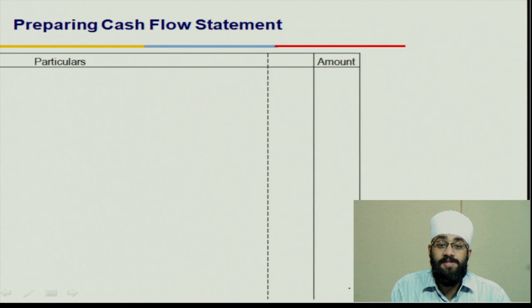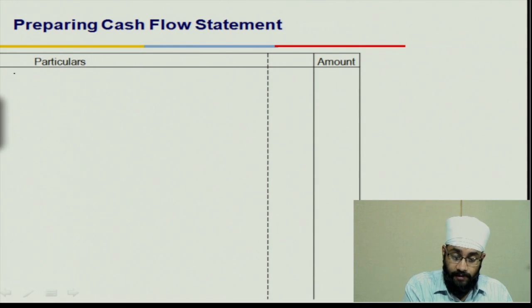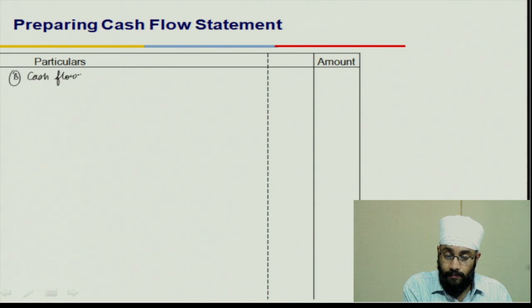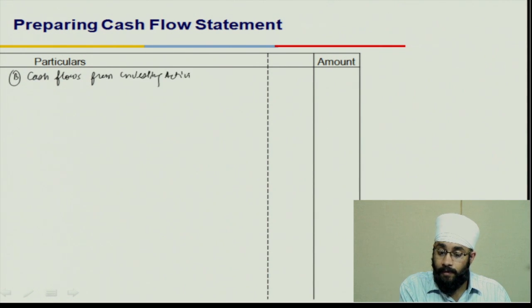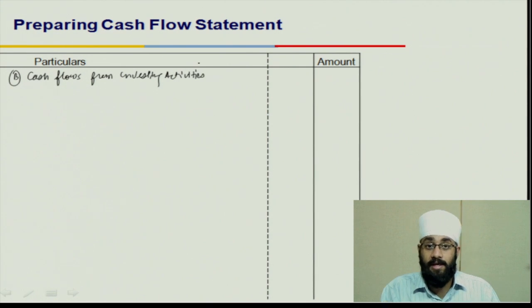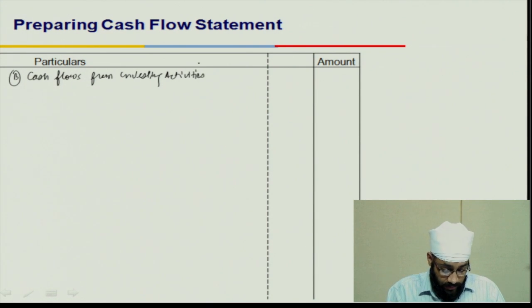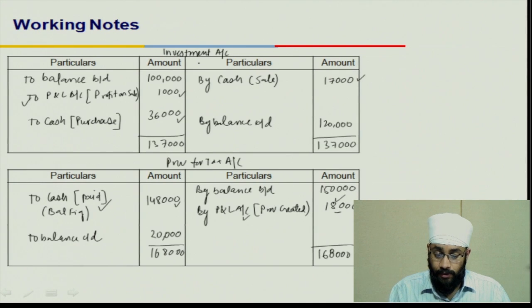Let's now prepare the second part of the cash flow statement, which is cash flows from investing activities. So we have to look for any sale and purchase of fixed assets. So let's go to our working notes.